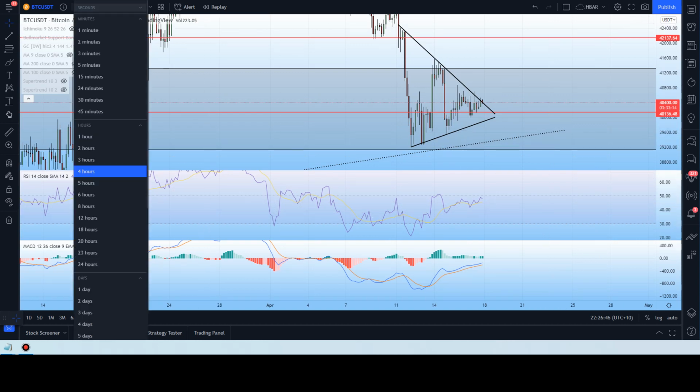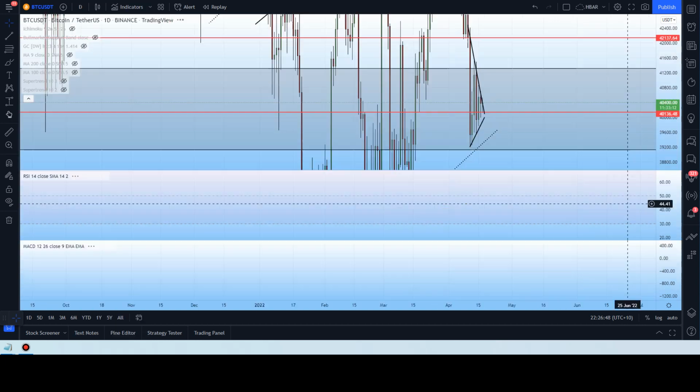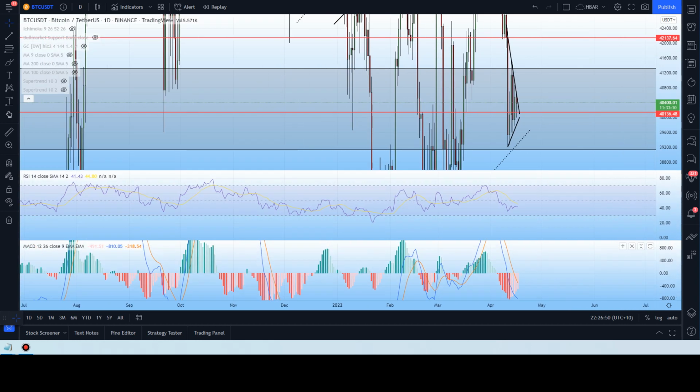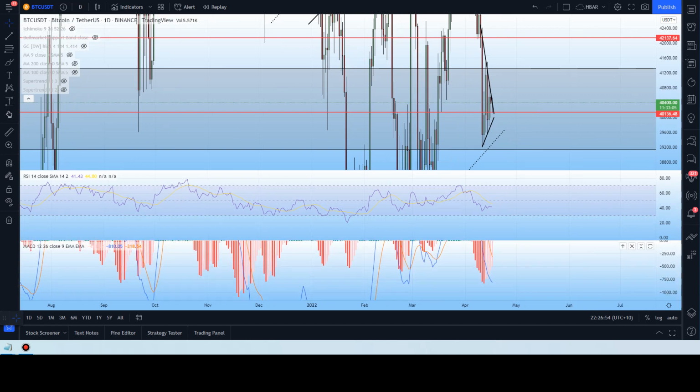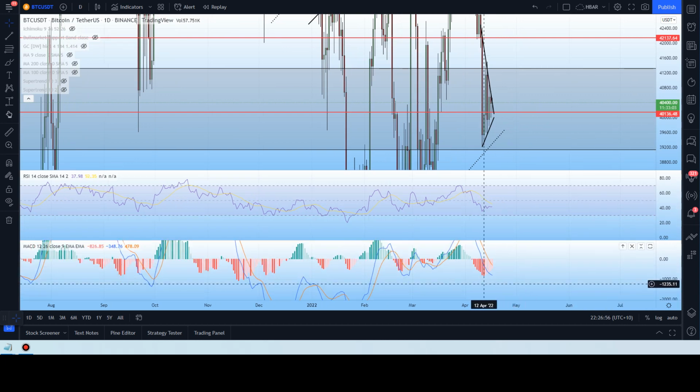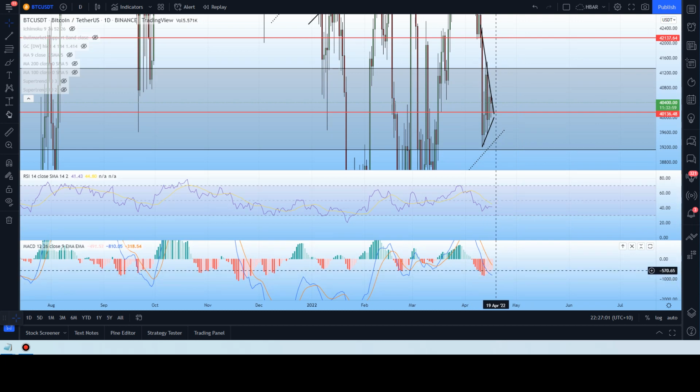So let's take a look. All right, let's go to a daily, of course, and start with this. Obviously, we have some convergence on the MACD. We talked about how we have a consistent amount of decrease in selling pressure in comparison to buying pressure, which is causing this volume to slightly trend to the upside. This is buying volume. We're slowly starting to see buying volume take over.